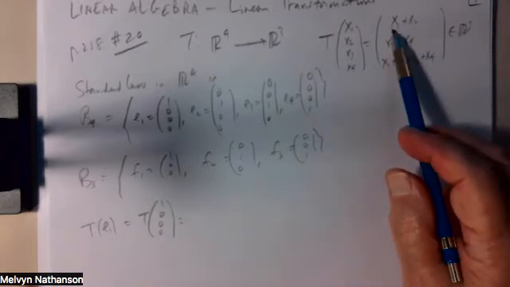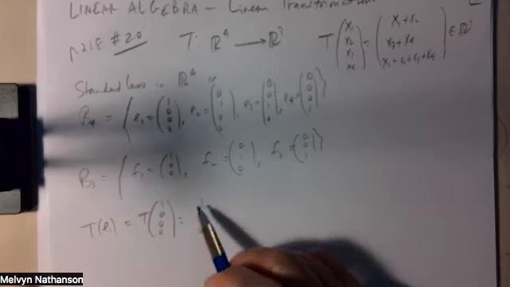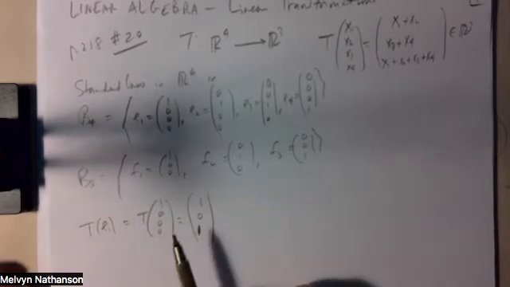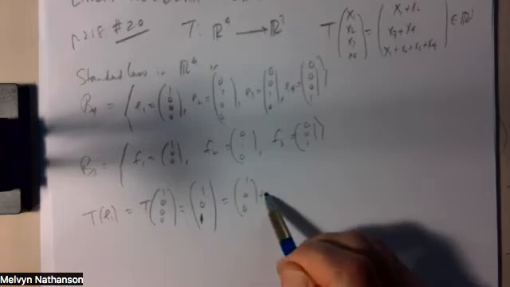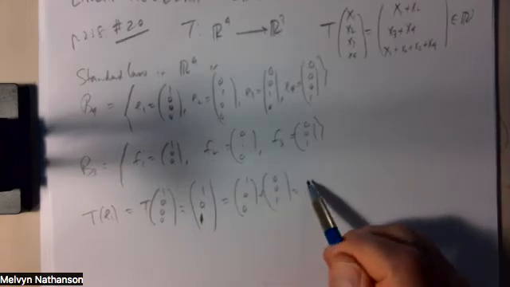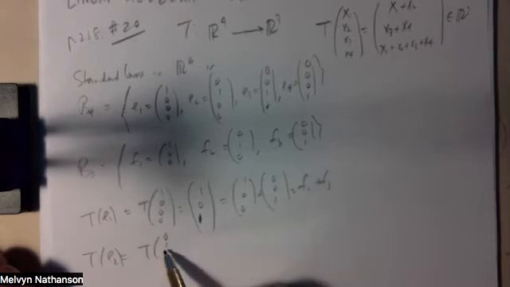When x1 is 1 and every other coordinate is 0, we get 1, 0, 1, which is 1, 0, 0 plus 0, 0, 1, which is F1 plus F3. That's T of E1. T of E2 is T of 0, 1, 0, 0.